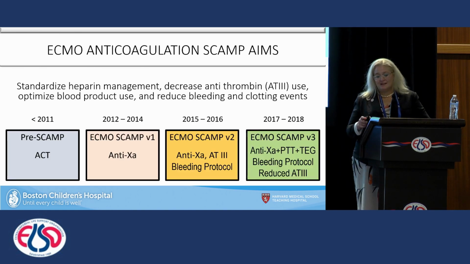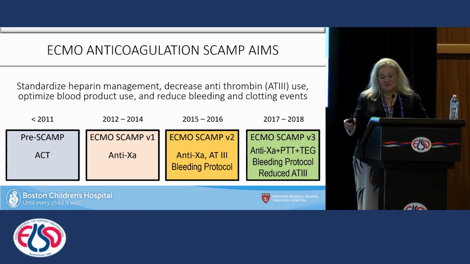So we've had, I'm on the 4th iteration of our ECMO anticoagulation SCAMP. Before 2011, we collected some data, but we basically used ACTs to drive our anticoagulation. ECMO SCAMP 1 was an anti-10A derived data, anti-10A informed algorithm, and the population was almost all post-op cardiac surgery, and so coagulopathy from unmeasured factors resulted in quite a lot of bleeding.